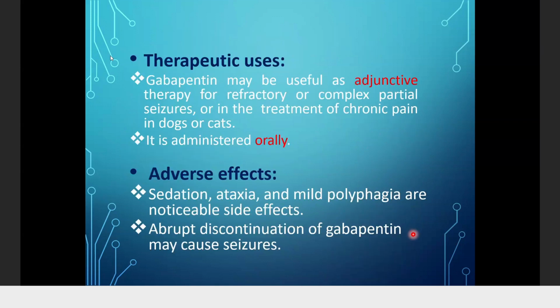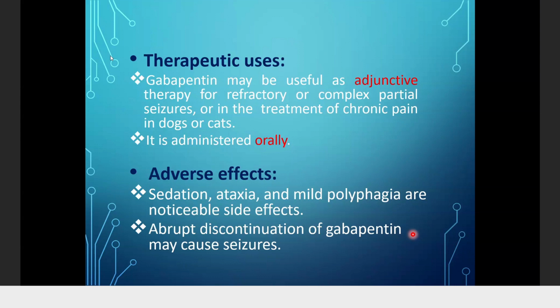The therapeutic uses: it is useful as an adjunctive therapy for refractory or complex partial seizures. Refractory seizures refers to seizures you cannot control, or it could be due to drug resistant epilepsy.